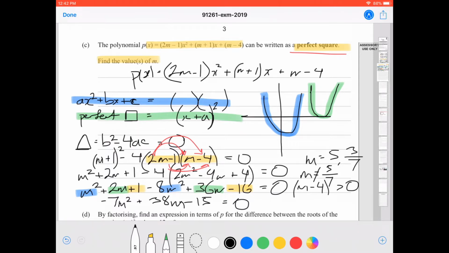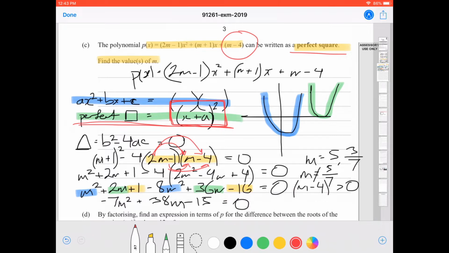Basically, m minus 4 is our c term for the quadratic, and they're saying it has to be at least 0 because if we're talking about our perfect square theory, specifically x plus a all squared, if we were to expand that, the c term would in that case be a squared. In any case, it would be greater than 0. So that's what they want. They want the c term to be greater than 0.